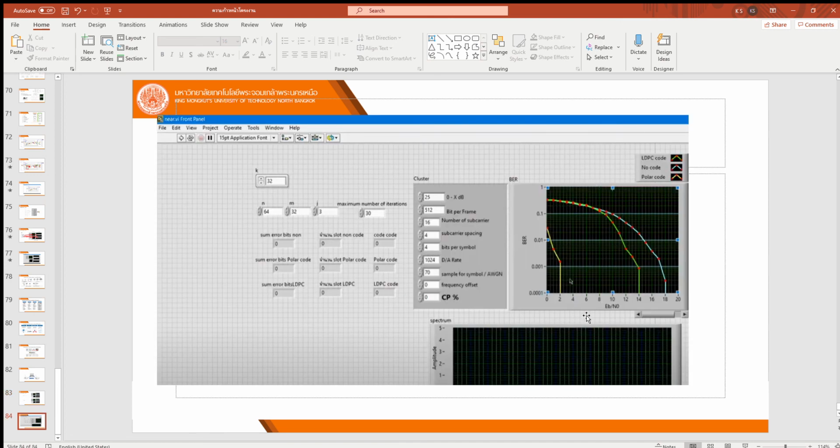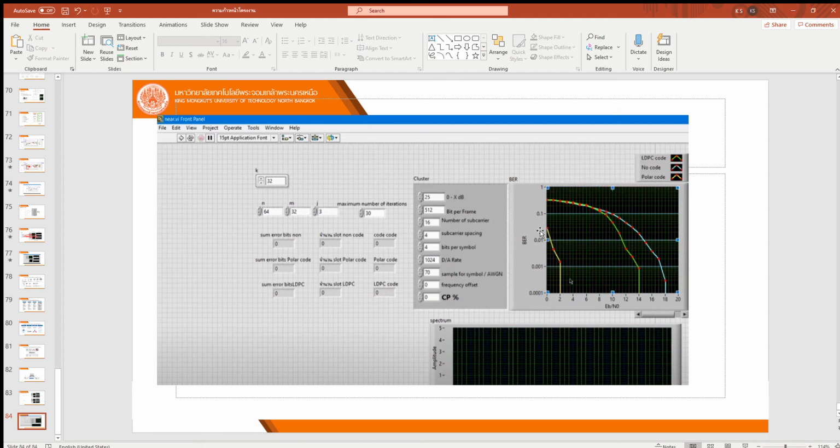And now we compare between LDPC code, no code, and polar code. We can see that for very low information bits, the polar code gets very high efficiency. But the LDPC and no code are going to be worse.